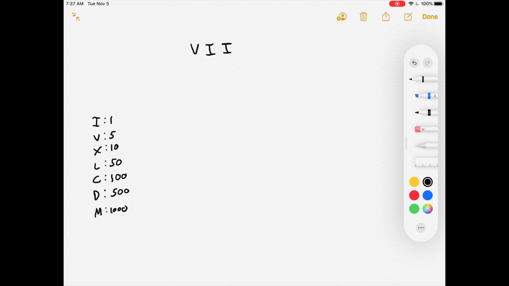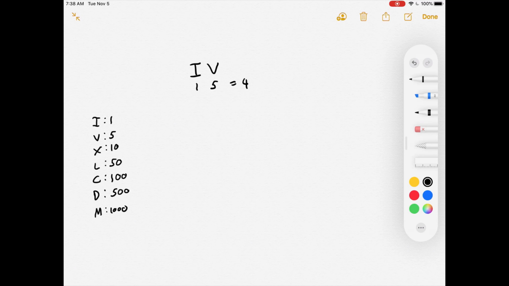We would have 5 plus 1 plus 1. That equals 7. The problem happens when the number on the right is greater than the number on the left. In this case, the number on the left is 1, and the number on the right is 5. All we have to do here is find the difference between the two. The difference between these is 4.